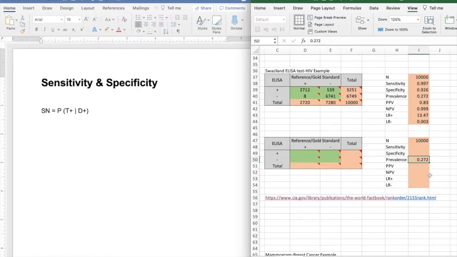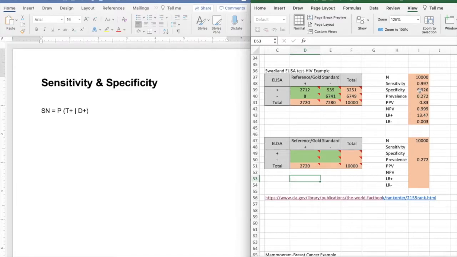It's the highest rate in the world. So our N is 10,000. If you see a table like this, prevalence means positive tests of the gold standard, so those who actually have the disease. Out of 10,000 people, the prevalence is 27.2%, so that means that 2,720 people are actually going to have the disease.